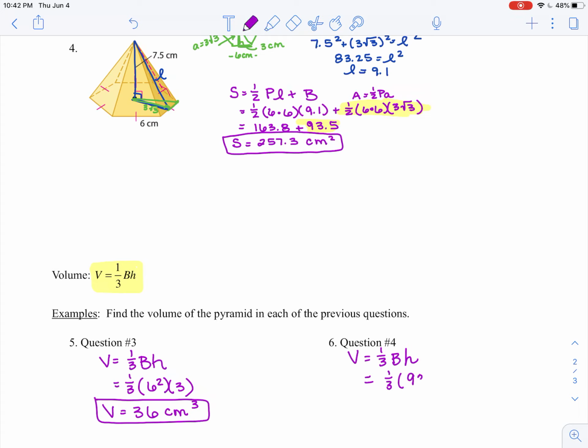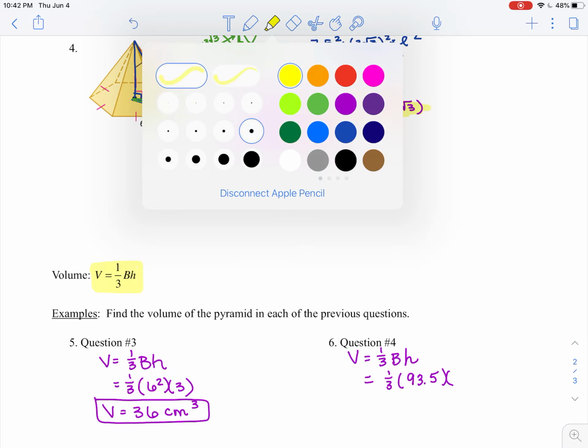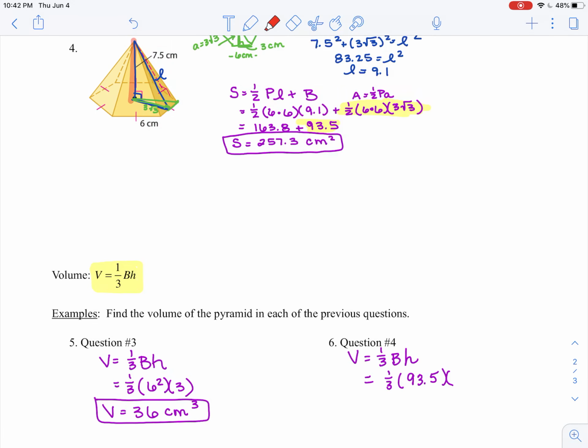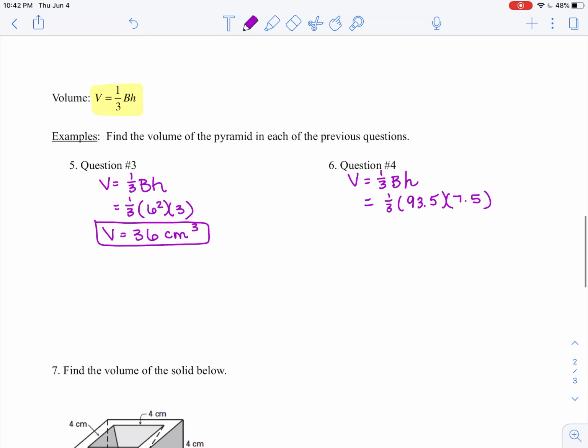So that was 93.5, times the height of the pyramid, which is drawn in here as 7.5 centimeters. So the volume of this pyramid ends up being 233.8, and this is also cubic centimeters.